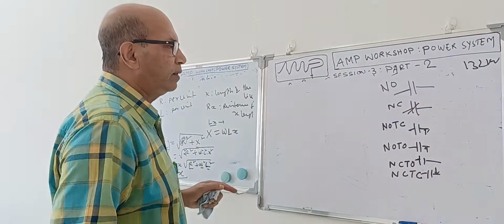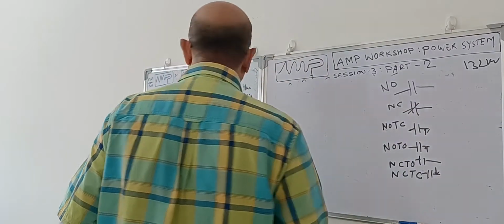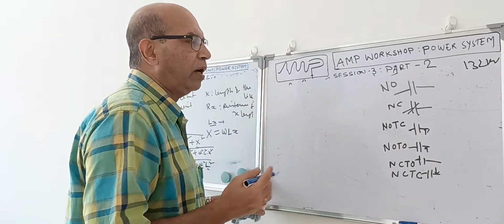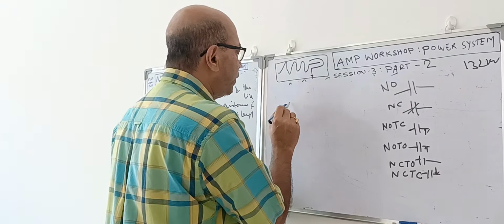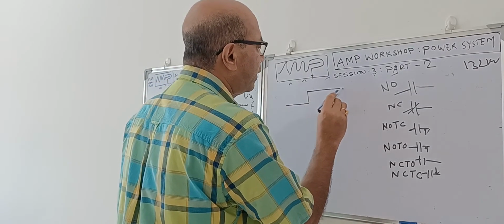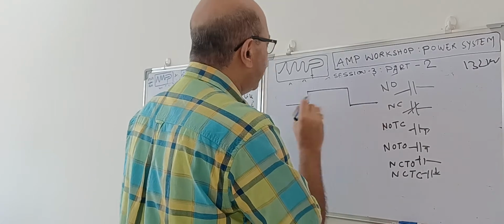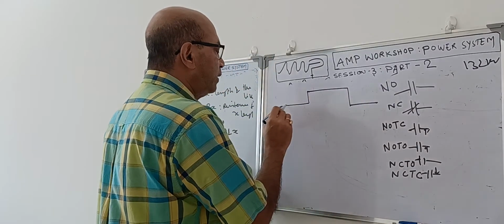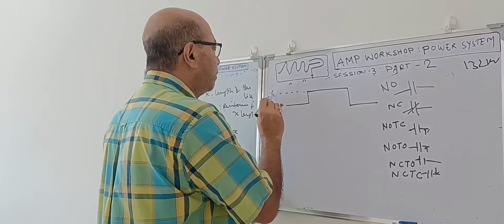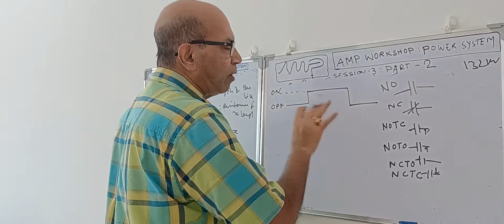To understand how the contact operation works, I am drawing 2 pictures over here. This is a current coil which is getting a power supply. This is an off position of the supply, and this is an on position of the supply, when the power supply is on to the coil.